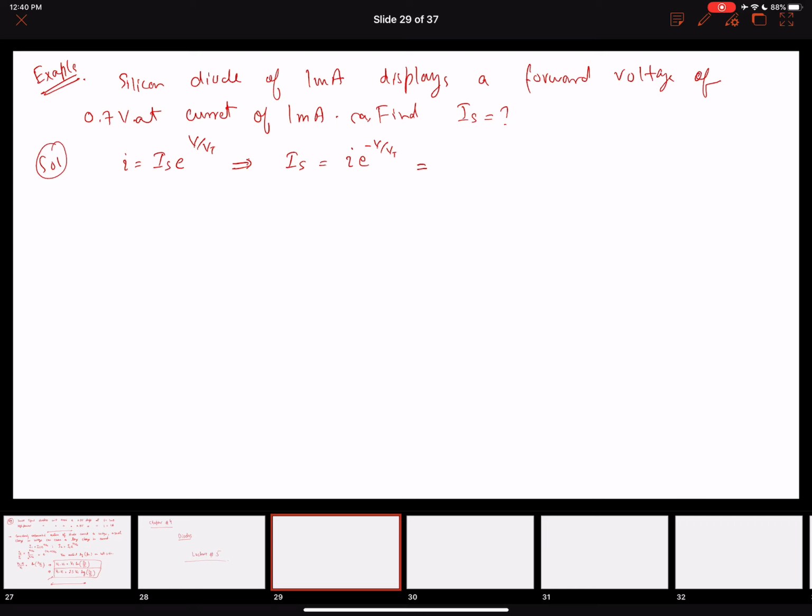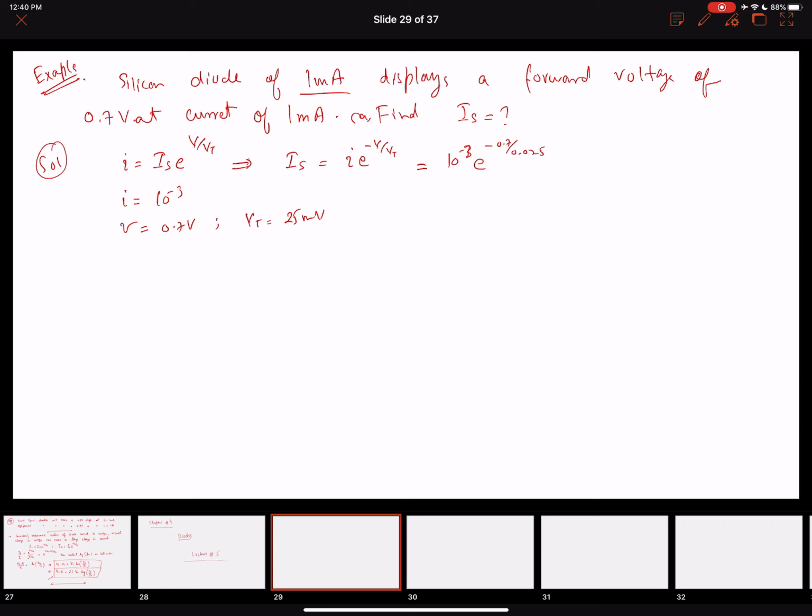Alright, so I know the value of I over here is 1 milliampere, 10 to the minus 3, e raised to power minus V. Applied voltage is 0.7 volts, so it will be minus 0.7 divided by Vt. Vt is 25 millivolts, so it will be 0.025.